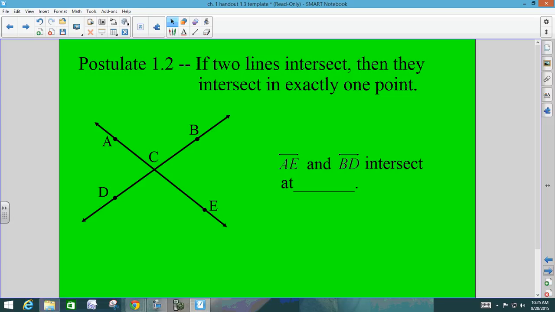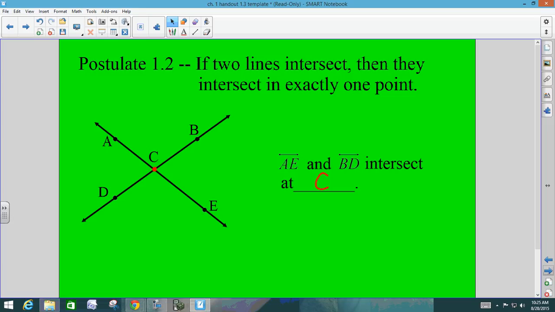Do they have to intersect? No. What do you call 2 lines that don't intersect? Parallel, right? Yeah, good. So if 2 lines intersect, then their intersection is a point. In this case, what's the name of our intersection? C. And you can just write at C. 1 capital letter indicates a point. 2 capital letters with a line over it, that means line. 1 point, 2 line.